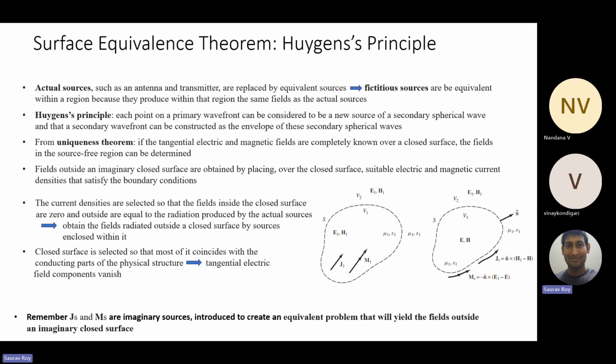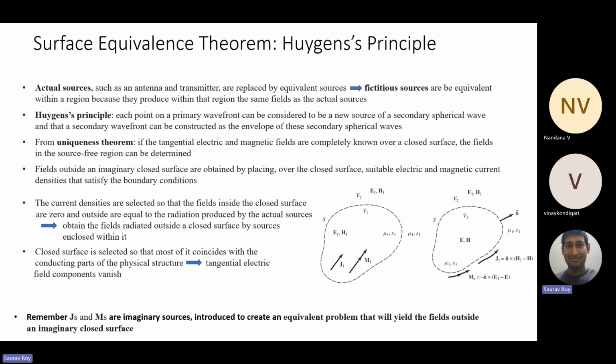It means if you have a source, and in front of the source you have some kind of surface, any point on that surface can be considered as a secondary source itself, and you can take that secondary source for the rest of your calculation. That is Huygens principle. So all this basically comes back to this Huygens principle, which is equivalent.